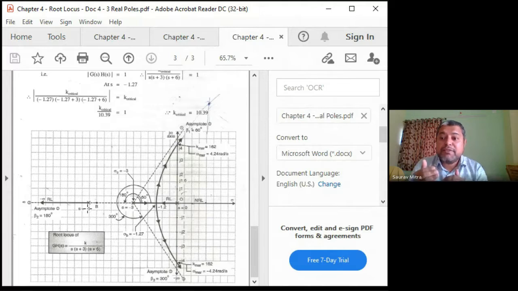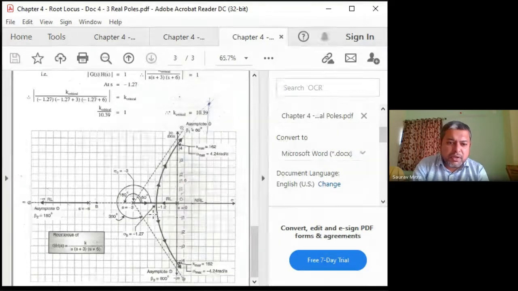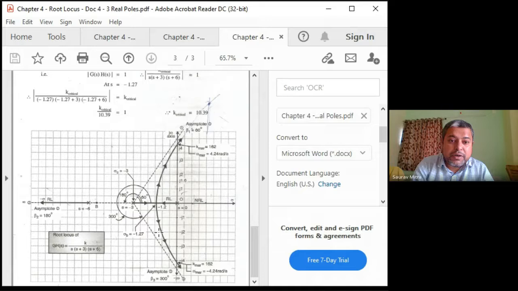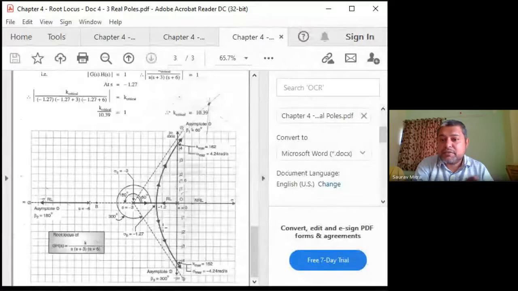Now I increase the gain further, you will find that this pole at 0 is shifted upward, and accordingly the pole at minus 3 is shifted downward. So if it comes to minus 1.27 plus j, then the one below will be minus 1.27 minus j. Further you increase the value of k, you will find that poles are here, but still the poles are in the negative side of the S plane.